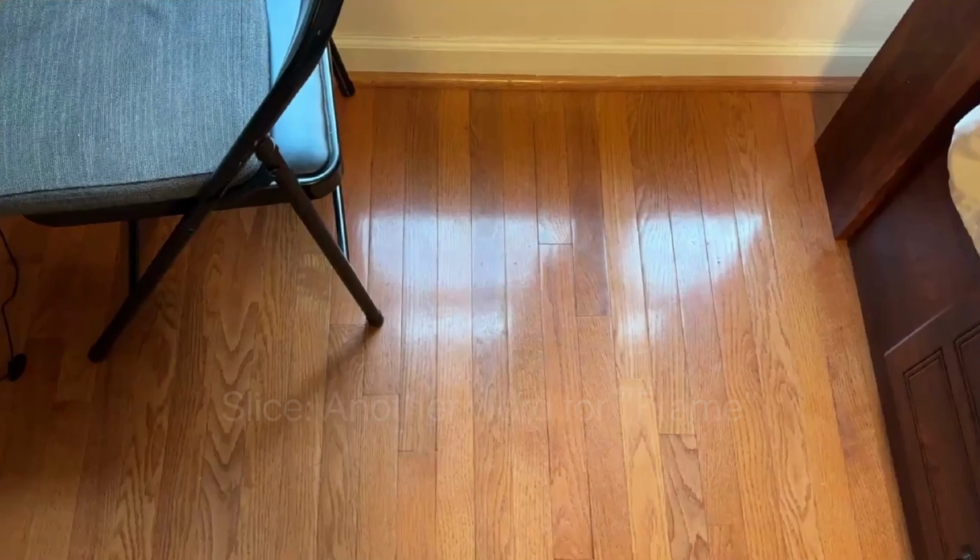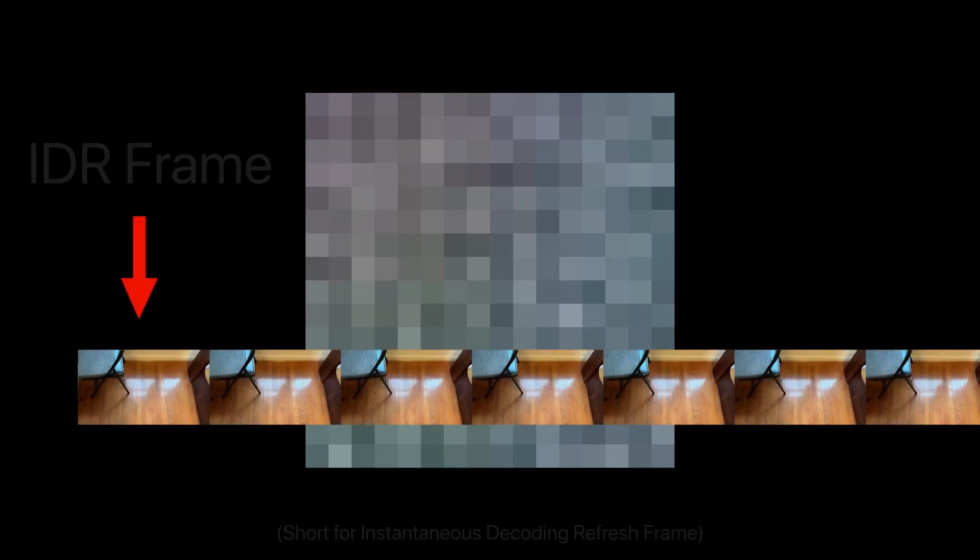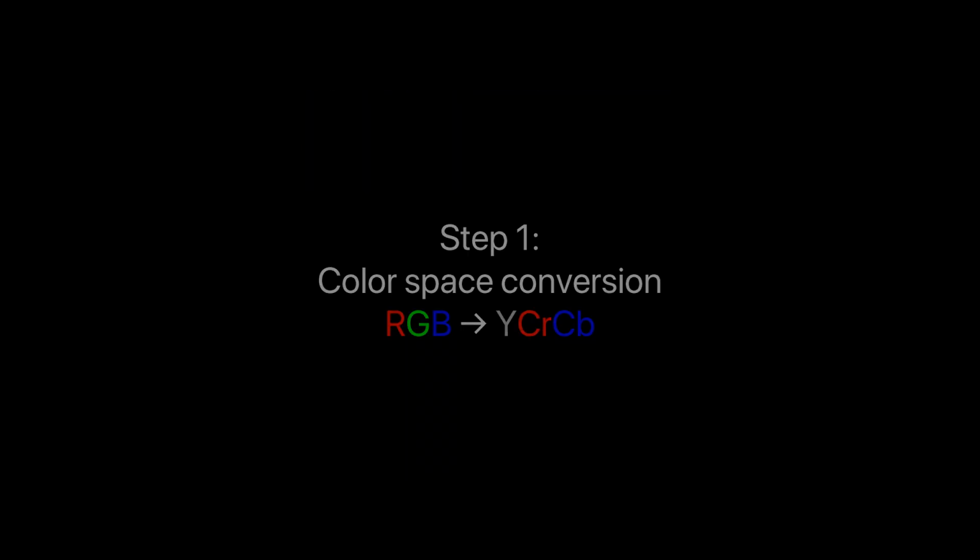Let's split each frame, or slice, of our video into 16 by 16 squares. Each square will be called a macroblock. Let's focus on one macroblock from the first slice, which we'll call our IDR frame. Firstly, let's change the way each pixel is stored.